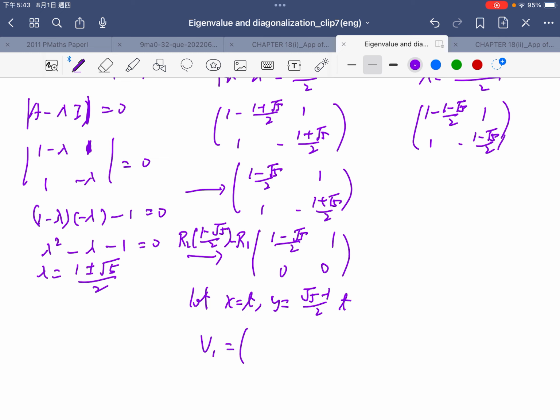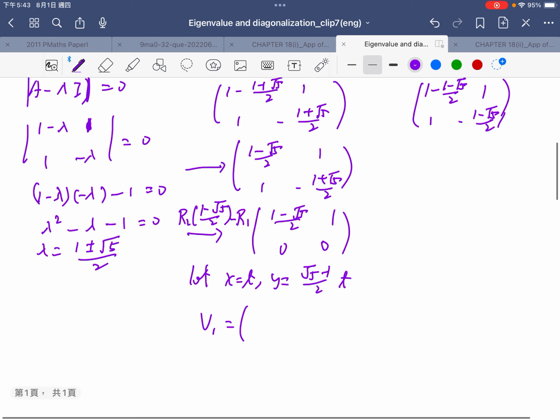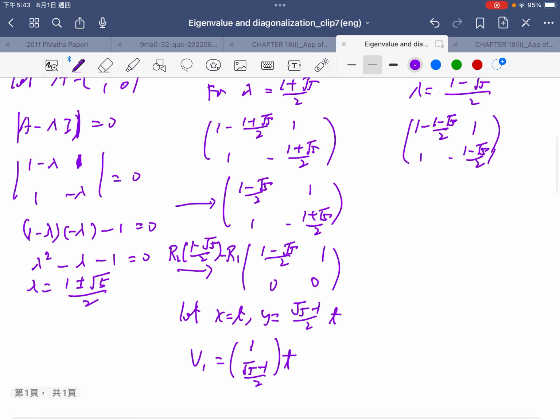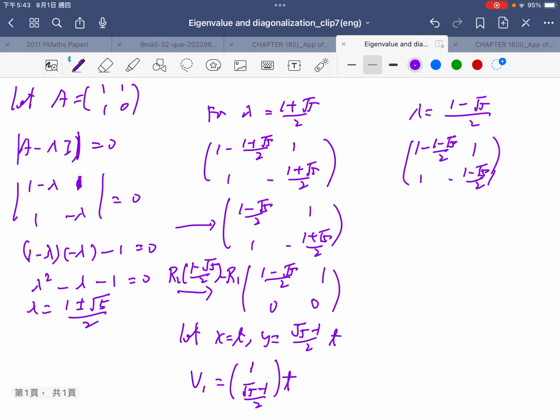Oh, wow, the root is a square root, not a perfect square, not an integer. How come? But no problem, I think we can solve this problem. Okay, this is the first eigenvector. For the second eigenvector, lambda equal to 1 minus square root of 5 over 2, and actually I can do it in a smoother way.